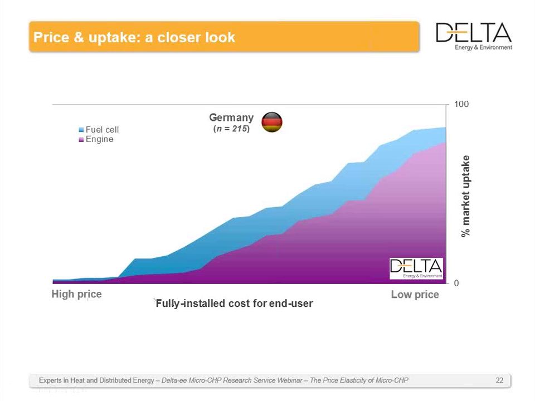So that's just to help you picture where the German customers stated that they would take up. About 5 or 10% of customers in Germany in our sample stated that they would be very likely to install a Stirling engine product at existing costs.